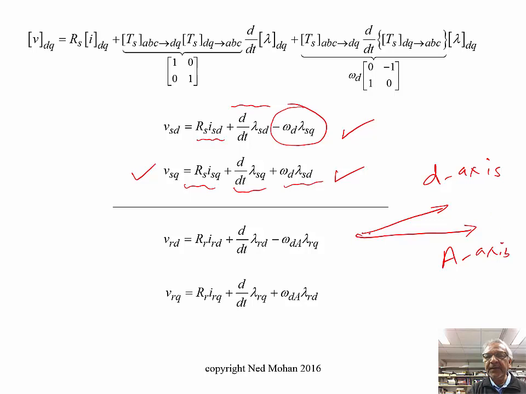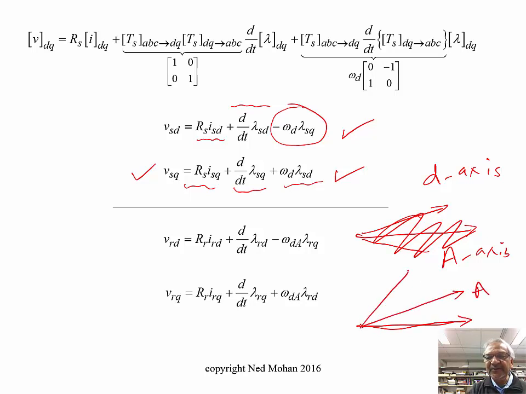Maybe I should have drawn it with a slightly different angle because of the stator. Let me rewrite it here. So let's say stator A axis is over here, and rotor axis A is over here. And then the D axis is over here, right? So this angle is theta DA.